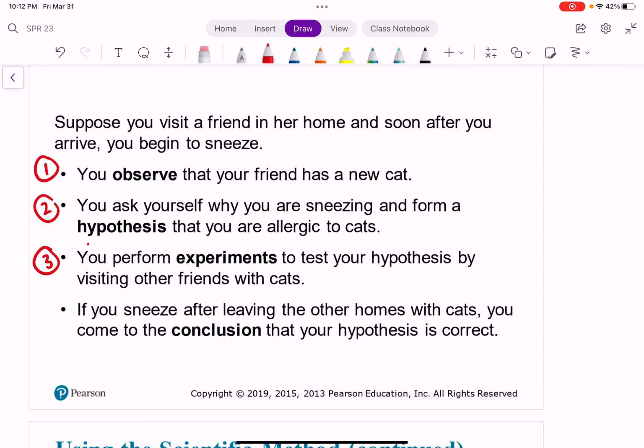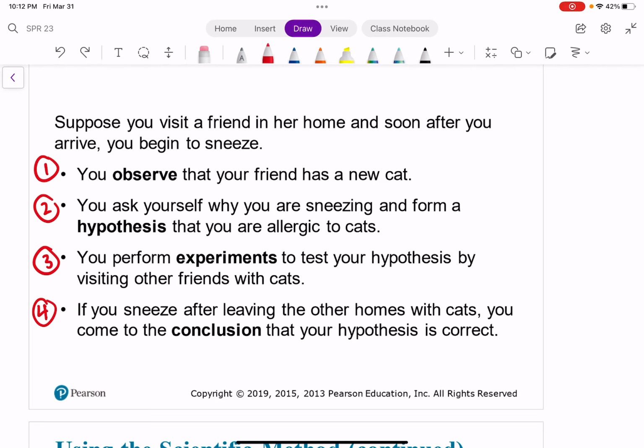We're doing our experiments so we have some data. Step 4 is our conclusion. Now, if you sneeze after leaving the other homes with cats, you must come to the conclusion that your hypothesis is correct, right? I've been to all these other houses and I'm still sneezing. I think my hypothesis is probably correct based on the data that I collected from my experiments.